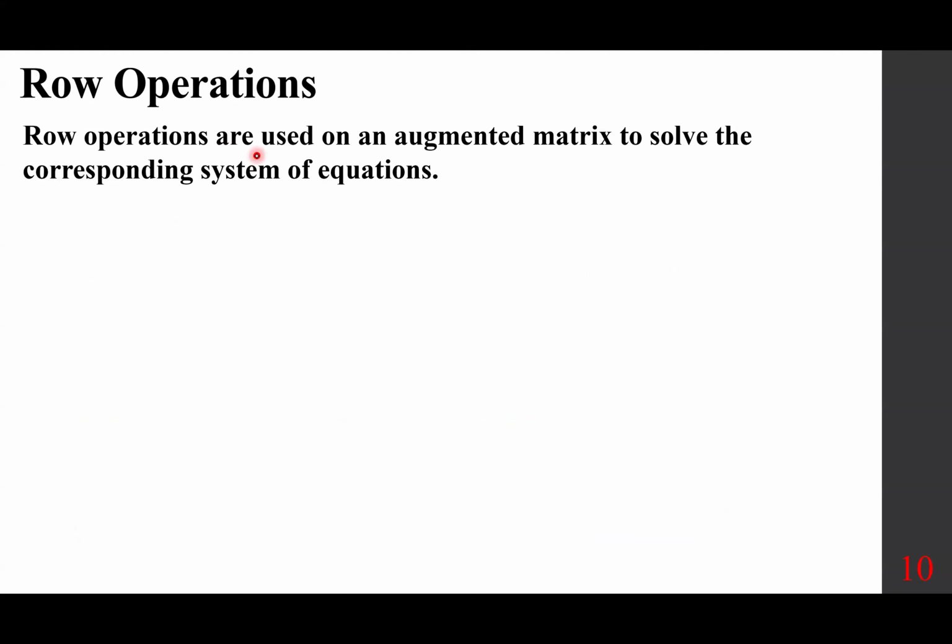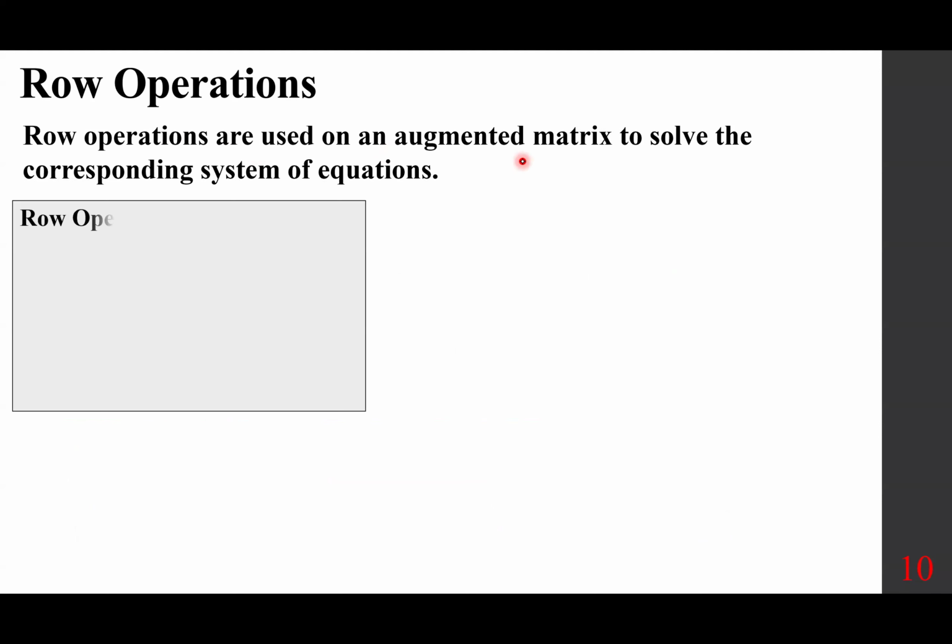Row operations are used on an augmented matrix to solve the corresponding system of equations. Just what we do to equations, we can do to rows. So for example, we may interchange any two rows.